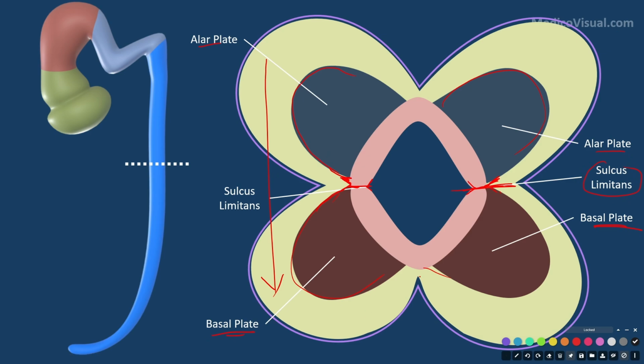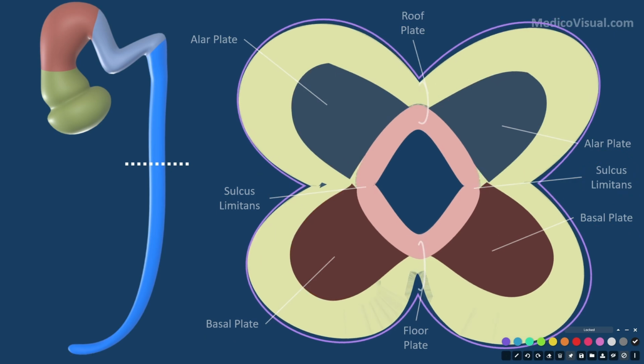Of course we have the similar marginal zone, and of course outside that we have the pia mater. And here we have this roof plate. This part is actually the roof plate, and this part is actually the floor plate, right?